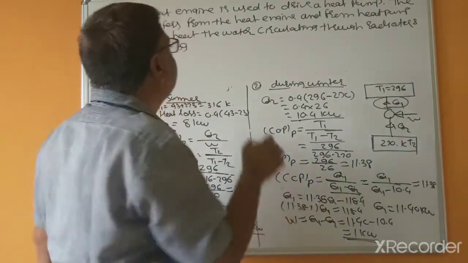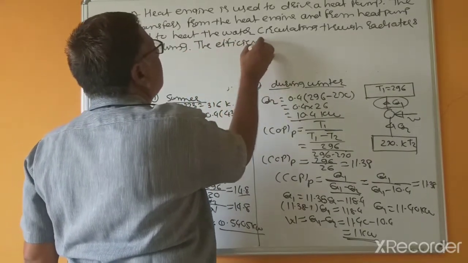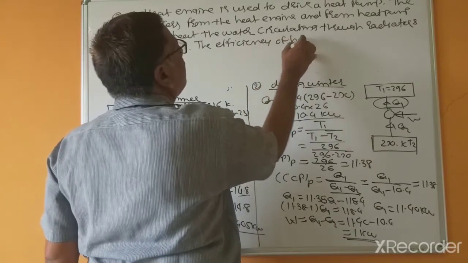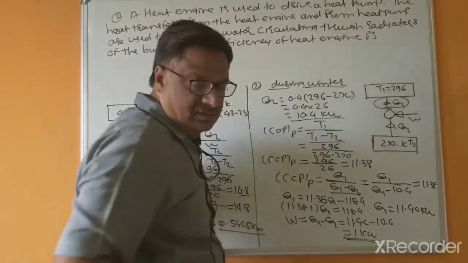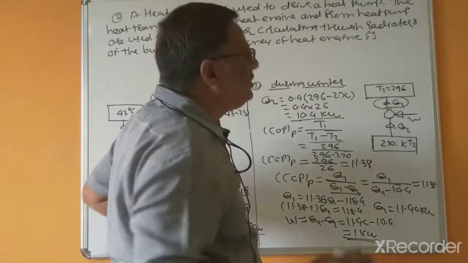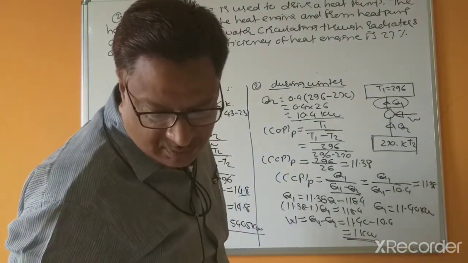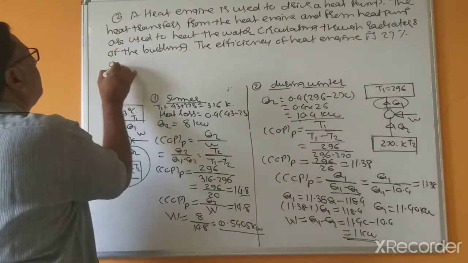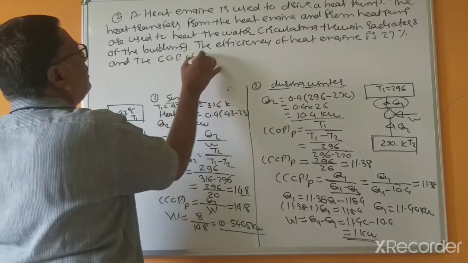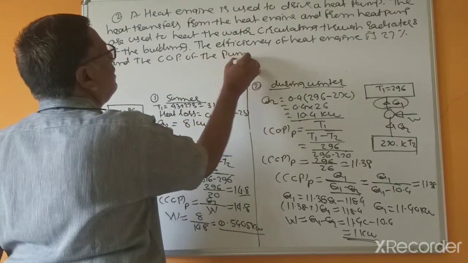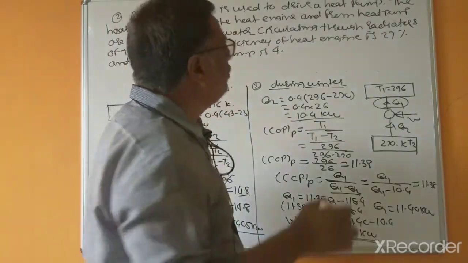The efficiency of the heat engine is 27 percent, and the COP of the heat pump is 4.